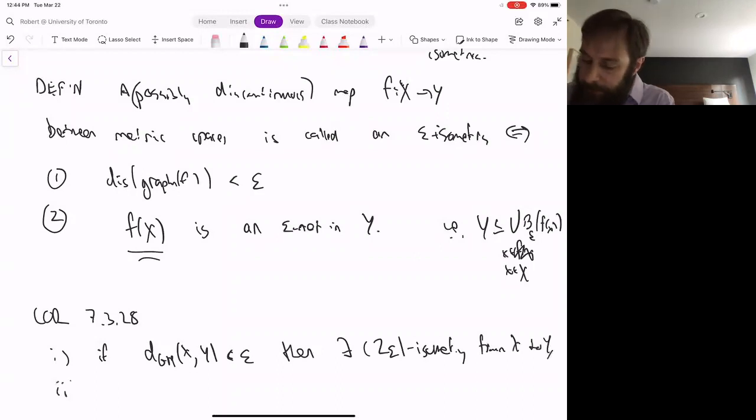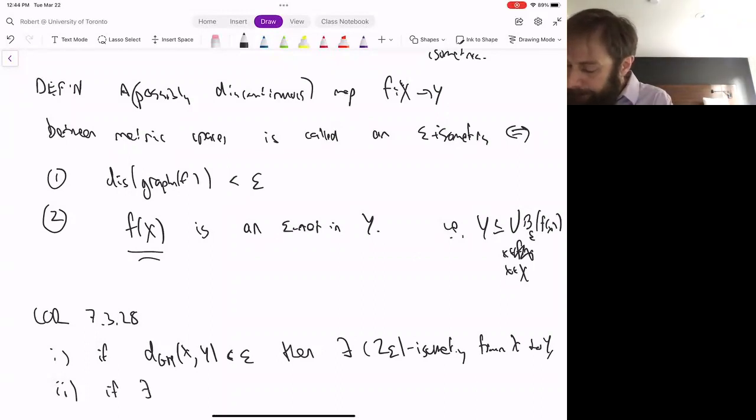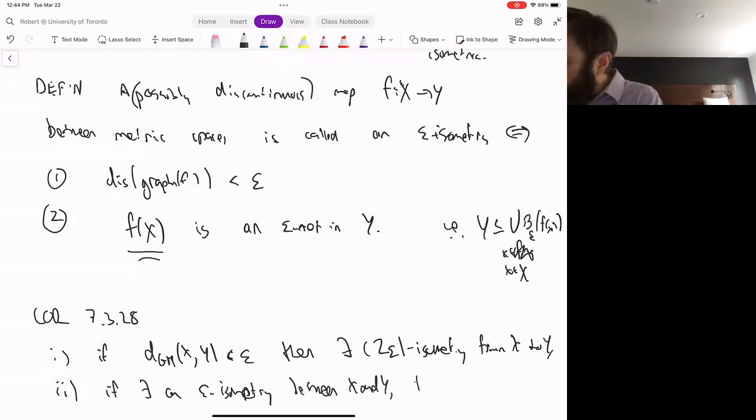And conversely, if there's an epsilon isometry between X and Y, then the Gromov-Hausdorff distance is small.